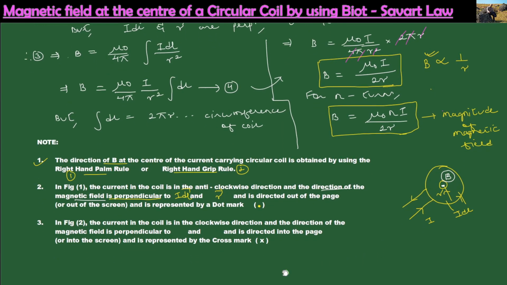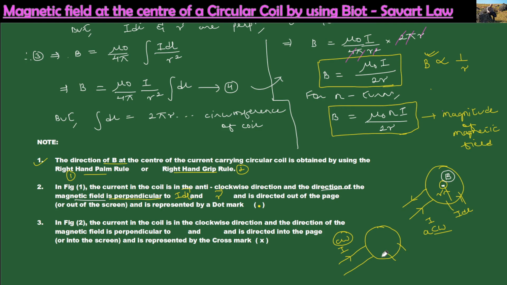Another important point to focus on, recall a summary. We have this coil, and the current is moving in the anti-clockwise direction in one case, and in the clockwise direction in the other.